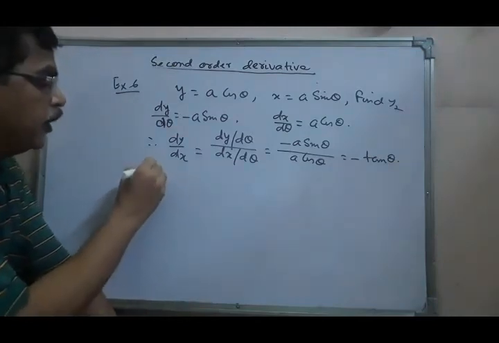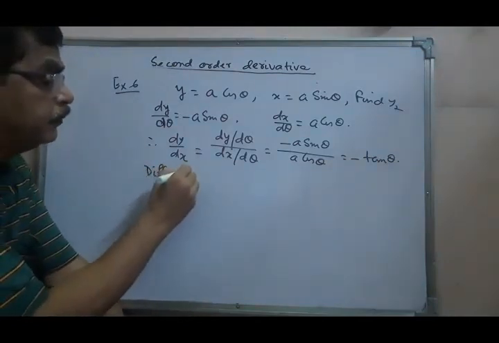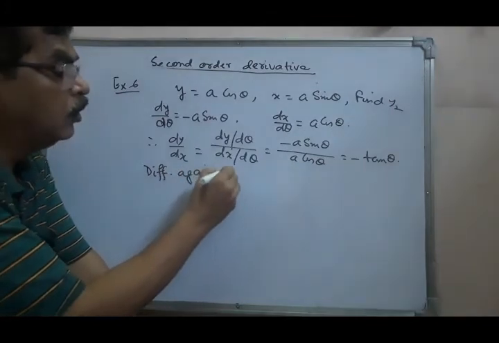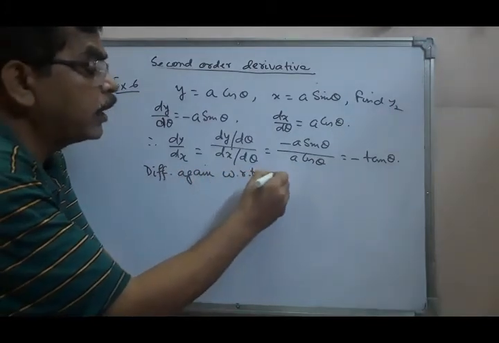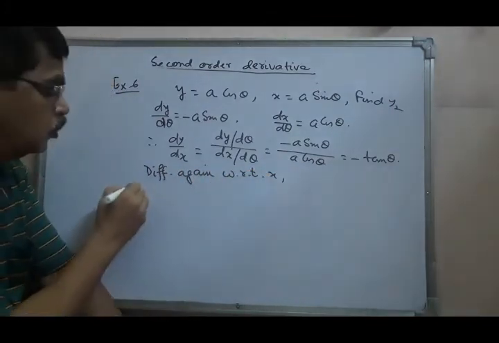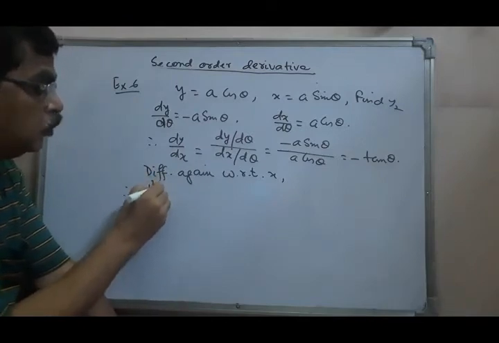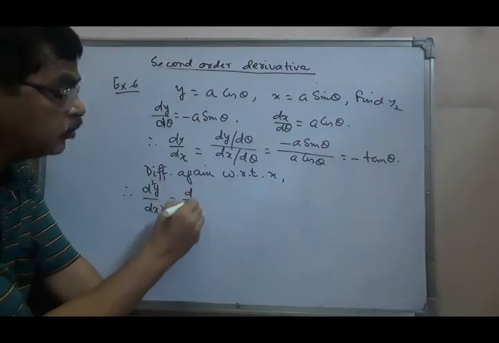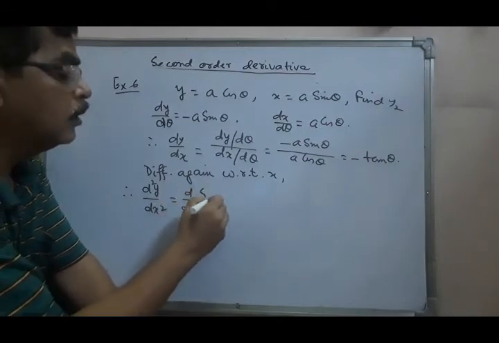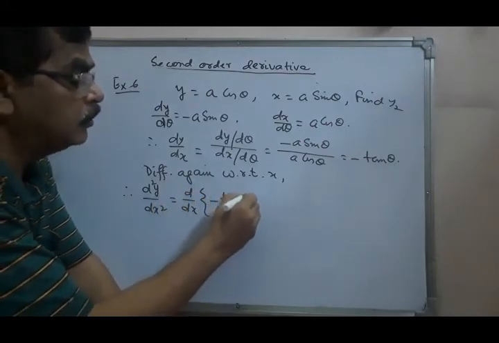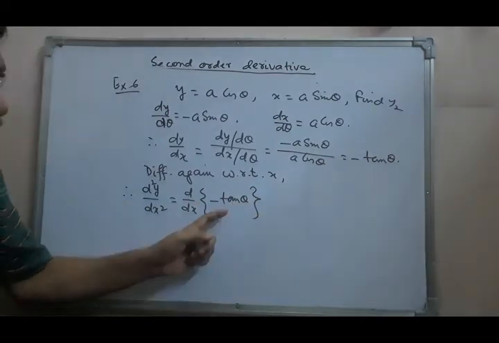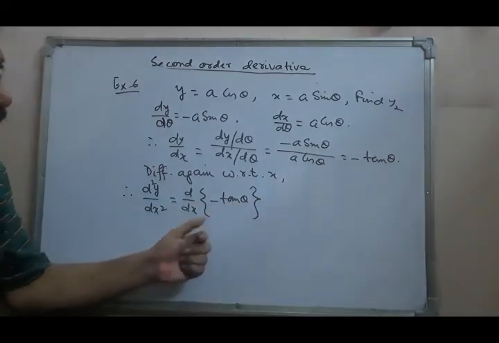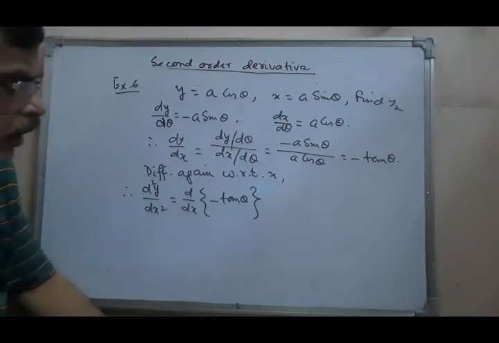Now differentiating again with respect to x. So what we'll get? d2y by dx2 equal to d dx of minus tan theta. So remember here it is a function of theta and we are differentiating with respect to x, which is not possible.